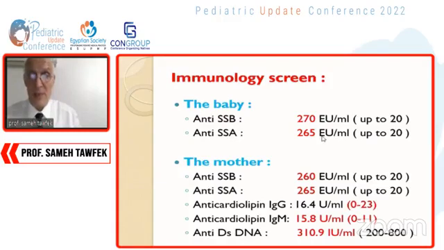Anticardiolipin IgG was normal, and the anticardiolipin IgM was mildly elevated. And the anti-DNA looks within normal values. As you see here, it was 310, and normal values are from 200 to 800.